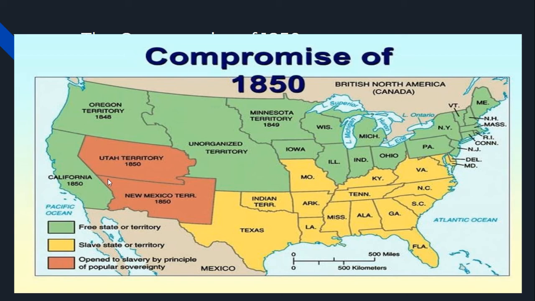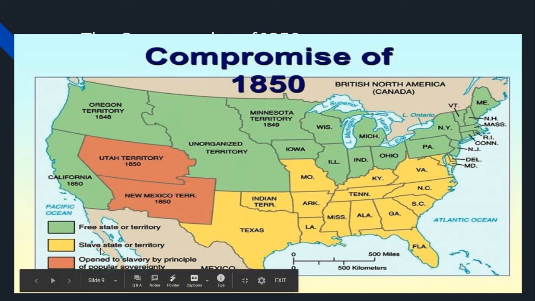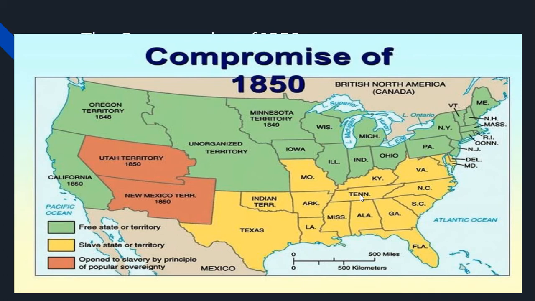But what about these territories? Utah is certainly above the 36th parallel, but yet it's still open. It's open to slavery by principle of popular sovereignty. And basically what that meant was that whoever went in and settled this land, the people of this state, eventually when it becomes a state, they would get to decide.